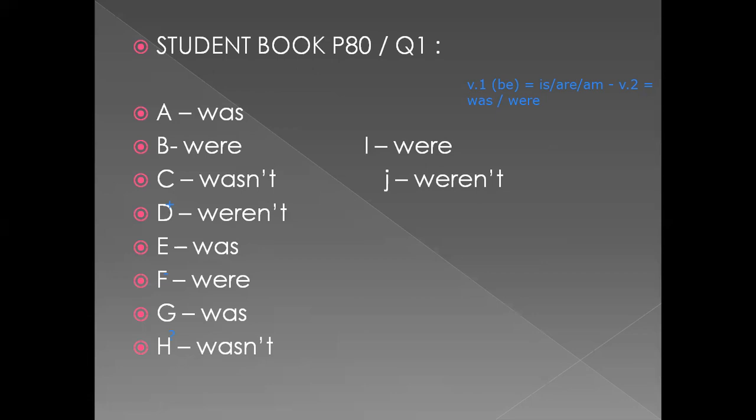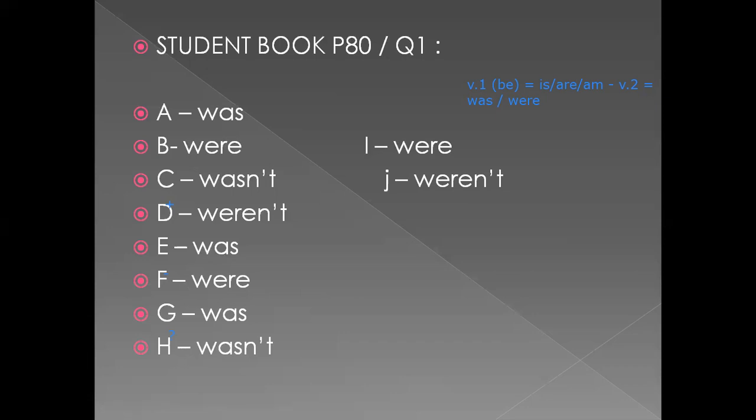In the question form, sentence E, for I, he, she, and it, I ask about them with was. So was, I, he, she, and it. Okay, and in sentence F, we use were to ask about you, we, and they.